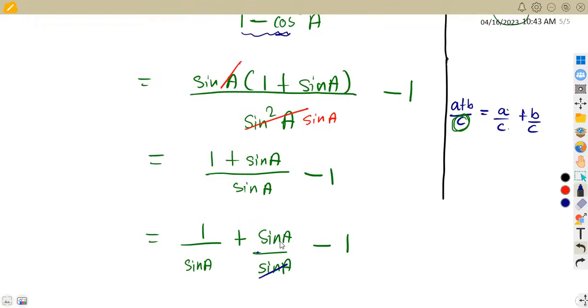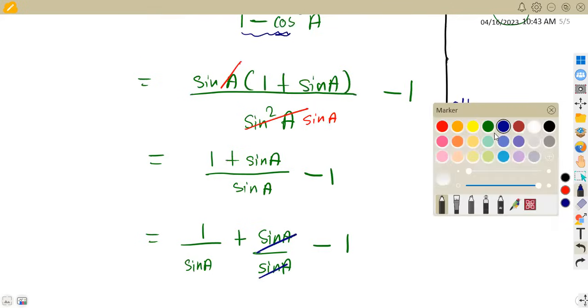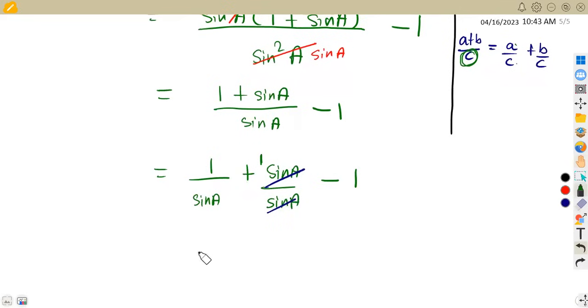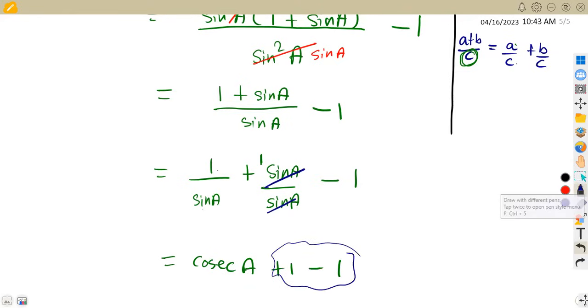The sine of A cancels, meaning we are going to obtain a 1 in this case. Then we move on to our ratios. We understand that 1 over sine of A is cosec A. So this is going to be cosec A plus 1 minus 1, of which 1 minus 1 is 0.